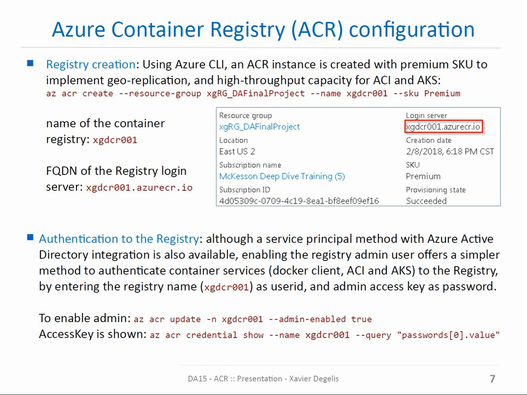Although a service principal method with Azure Active Directory integration is also available, enabling the registry admin offers a simpler method to authenticate container services from Docker client, from ACI, and from AKS to the registry by just entering the registry name as user ID and the admin access key as password. Below, you can see the Azure CLI commands to enable the admin and also to display the access key.